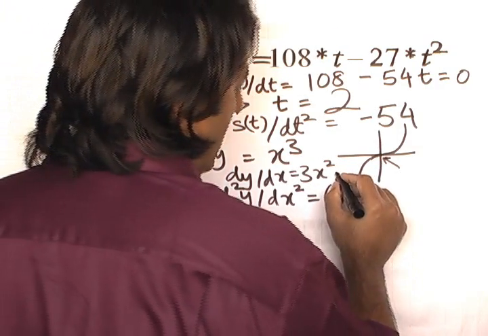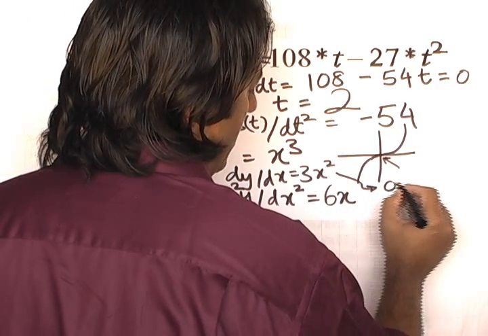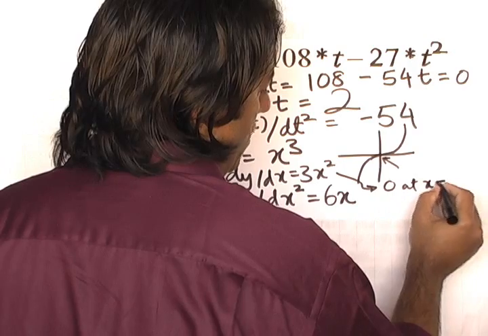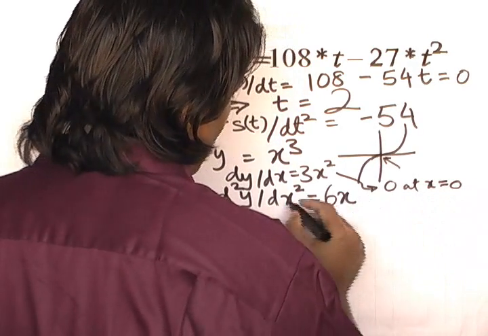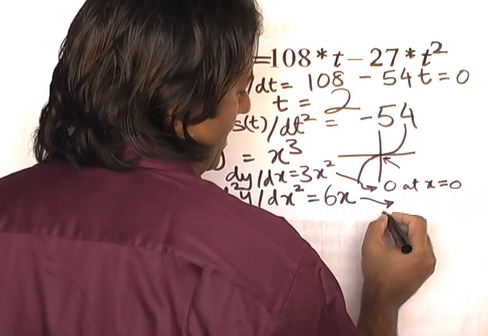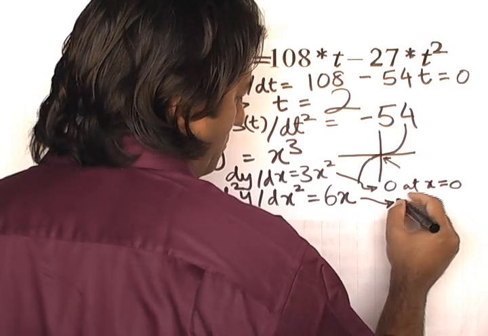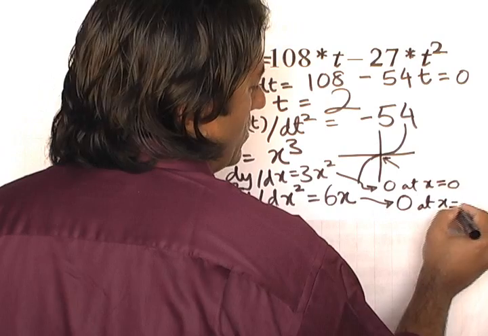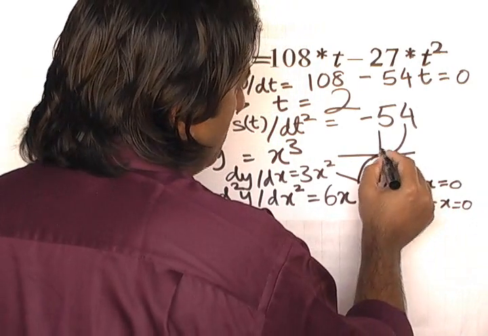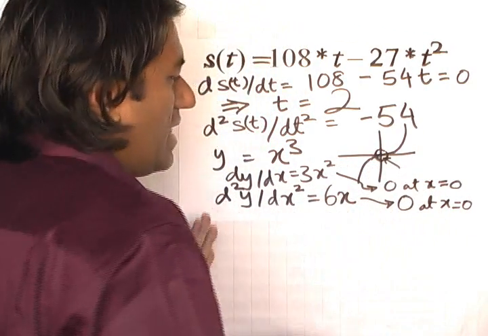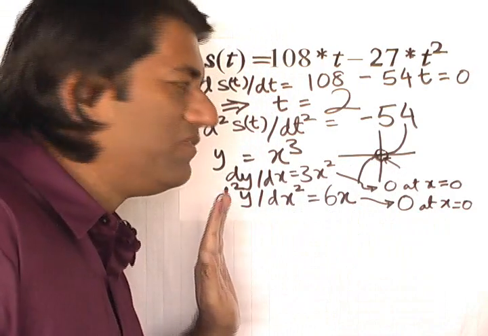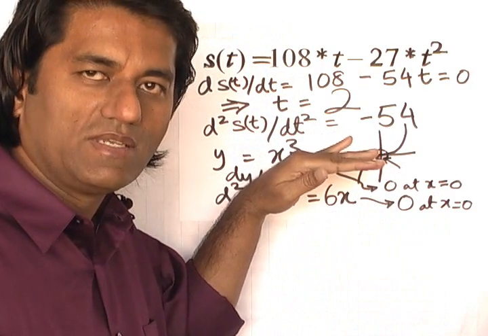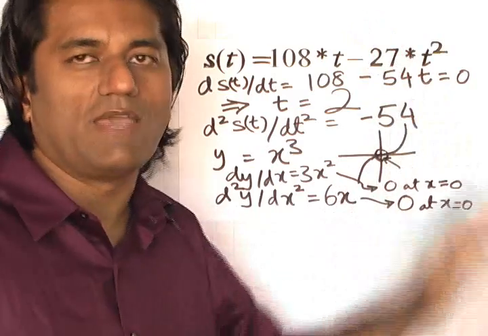Now this is 0 at x equal to 0. So the second derivative is actually also 0 at x equal to 0. At this point, you can see that the function kind of has paused and then it starts climbing again.